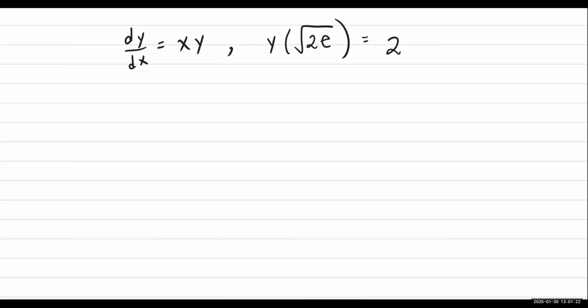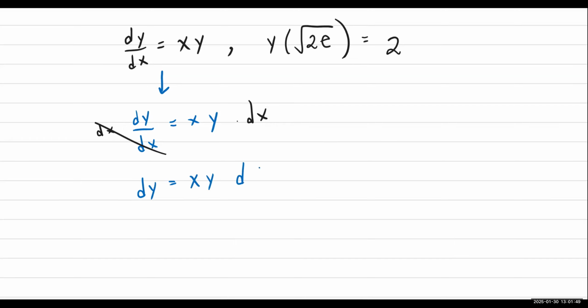So let's begin. How do we separate variables in this differential equation? I want to essentially bring all x's and all y's to the same side. The way I can do that is I can get rid of dx on this side, which means I would bring it over to that side as well. And so I end up with dy is equal to xy dx.